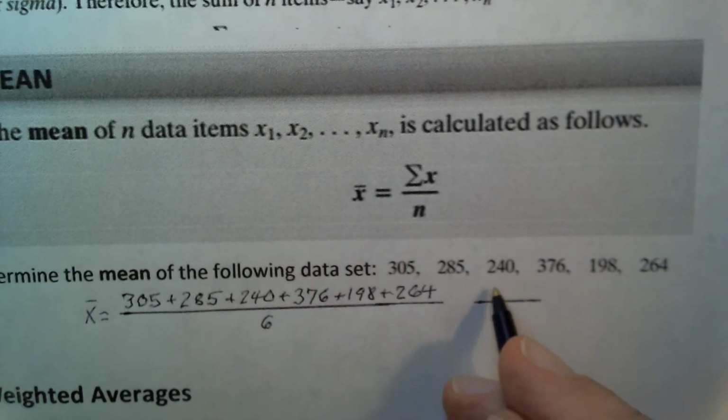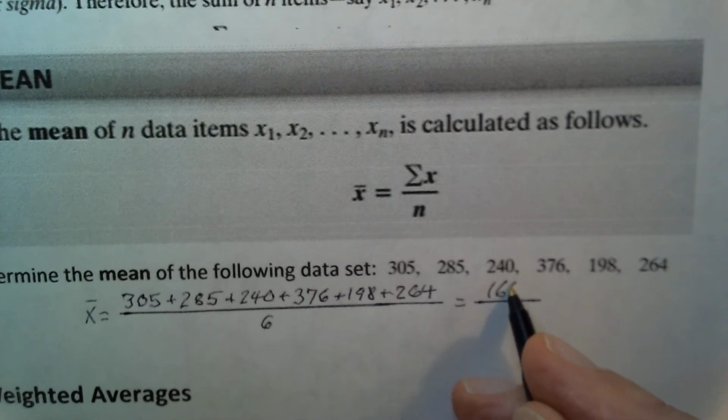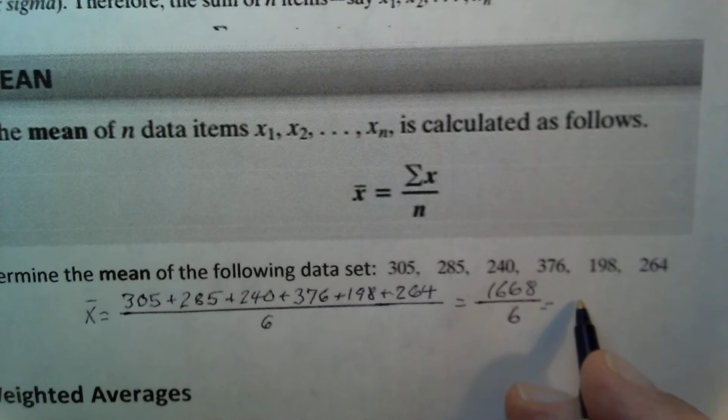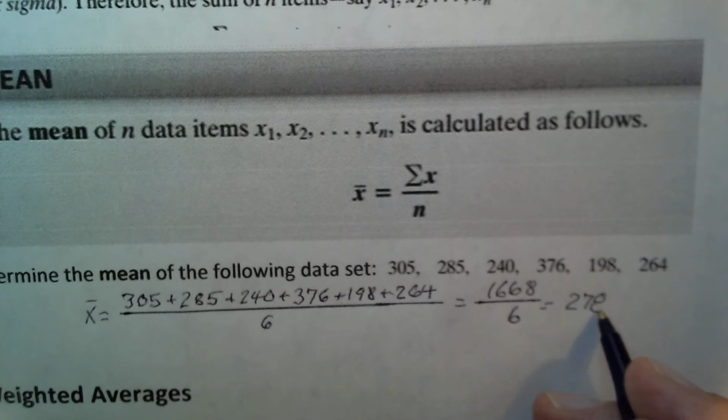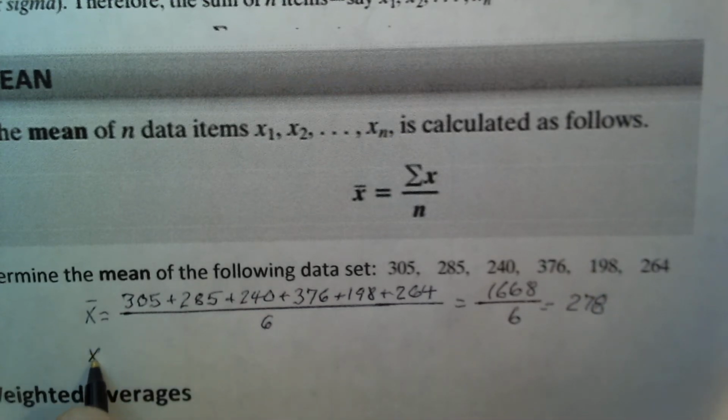And when we add this all up, that's 1,668 divided by 6. And that's equal to 278. So we say x bar is equal to 278.